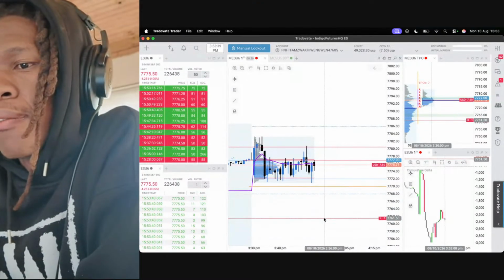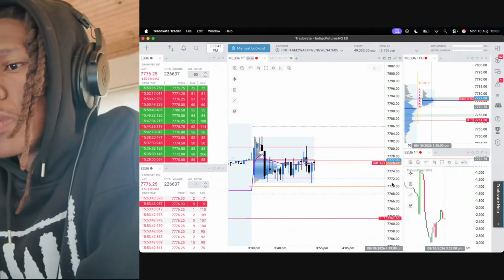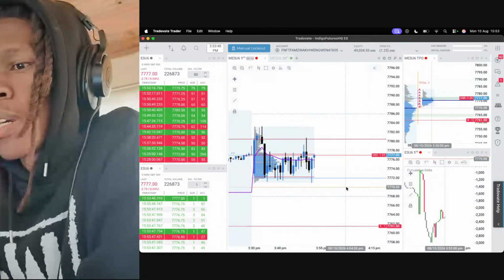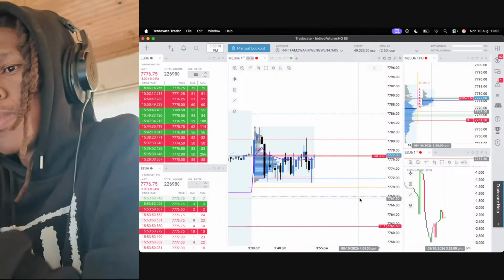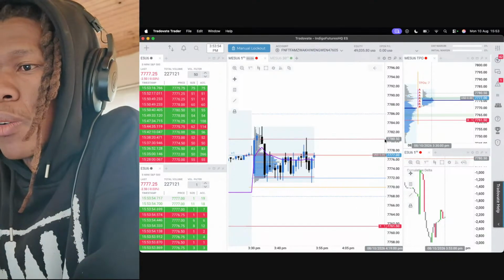This is the invalidation point of our trade. But seeing as we don't really have size, if we start seeing weakness around here, we will have to close it, because why would we hold on?